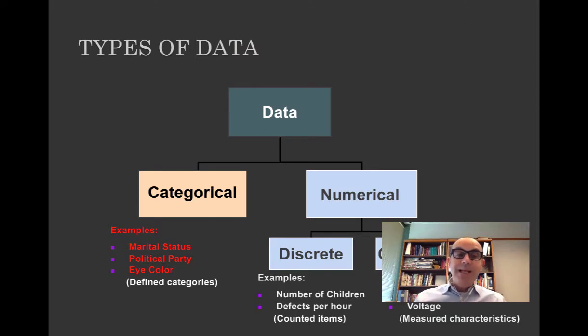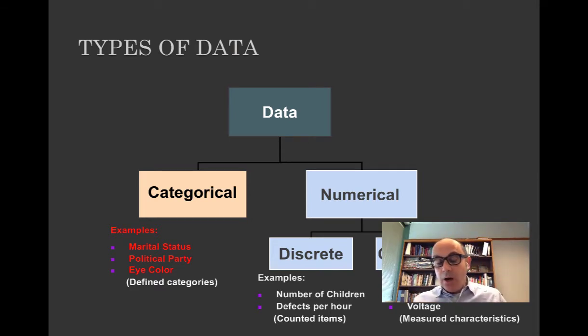Categorical data is, for example, are you married? What is your political party identification? Or, an easy one, what is the color of your eyes? So these are defined categories that allow us to sort the data based on eye color, or whether you are married or not, or you have a bad haircut.